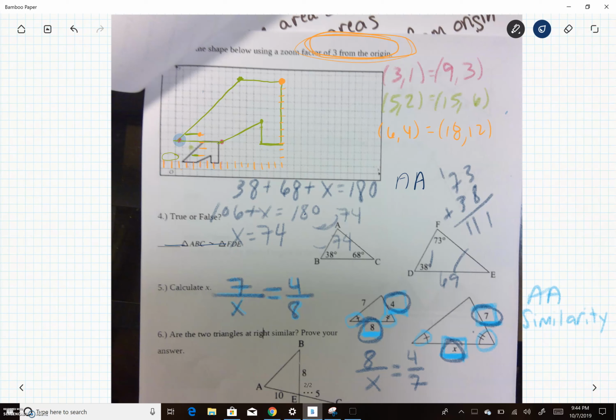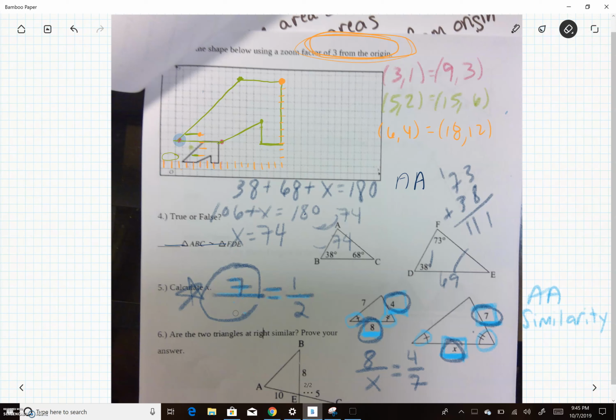The reason why I went with 7 over x equals 4 over 8 first is because I know in my tiny little brain that 4 over 8 is the same as 1/2, and that's going to make the math a lot easier for me to do in my head. If this is 1/2 and I need this also to simplify down to 1/2, all I have to figure out is what number 7 is half of.